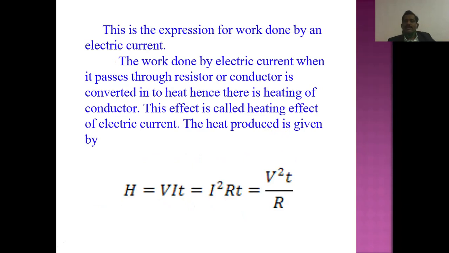That is called the heating effect, and the heat produced is H, meaning work done is converted into heat. So H is equal to VIT, which is also I square RT, or V square T upon R.